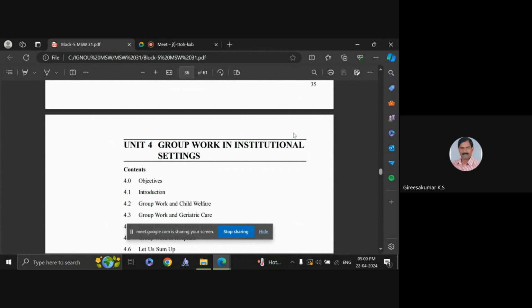Now, group work in institutional settings. For example, there are some institutions where social work is necessary.